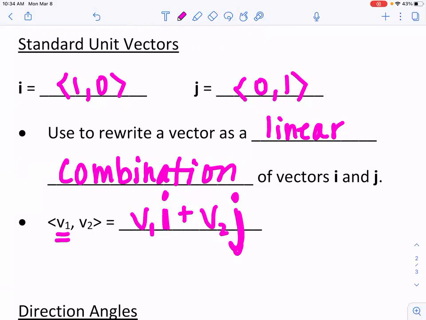This is the vector 1, 0, so this number is only going to the horizontal component. This is the vector 0, 1, so this number is only going to the vertical component.